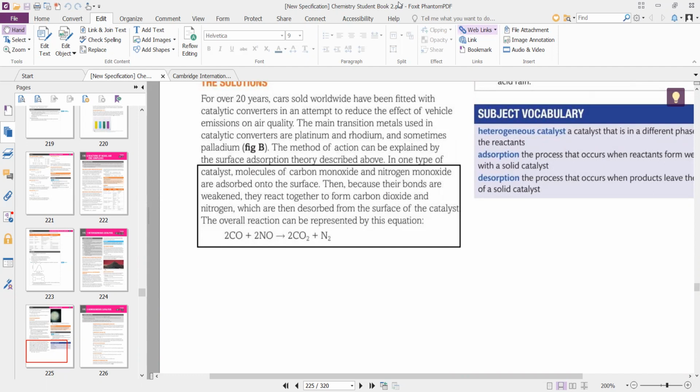The catalytic converters are made of transition metals such as platinum, rhodium, or palladium.